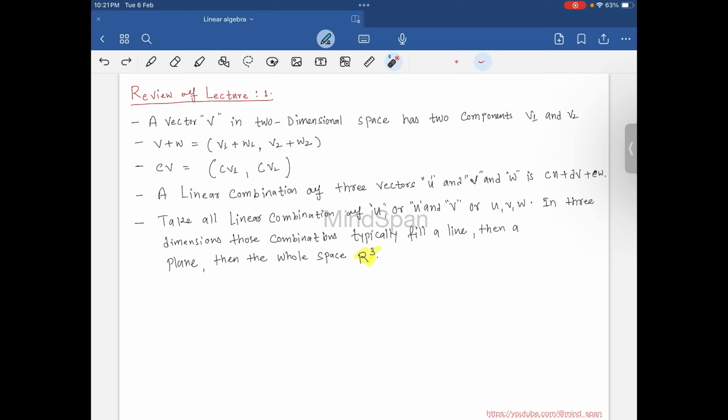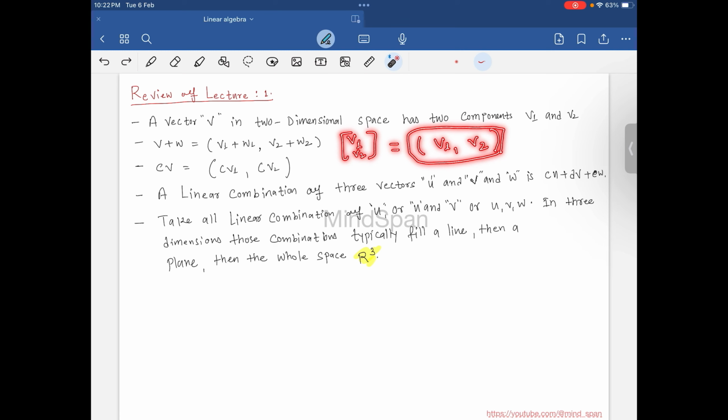At the last, we also looked at that we can write a column vector. Suppose you have the column vector written like this, and this is similar to what you can write with comma separated, right? And this is not a row vector. We will look at row vectors also, but do not get confused with the notations.